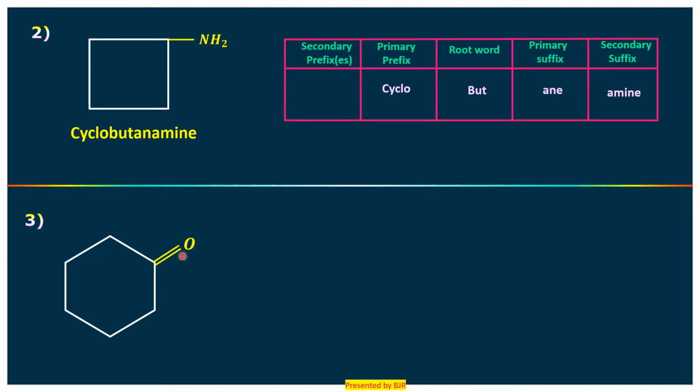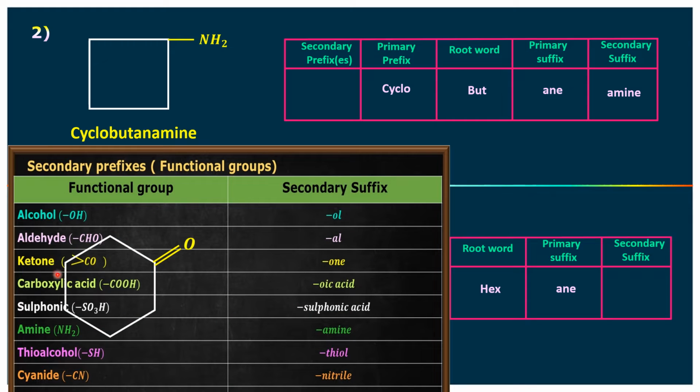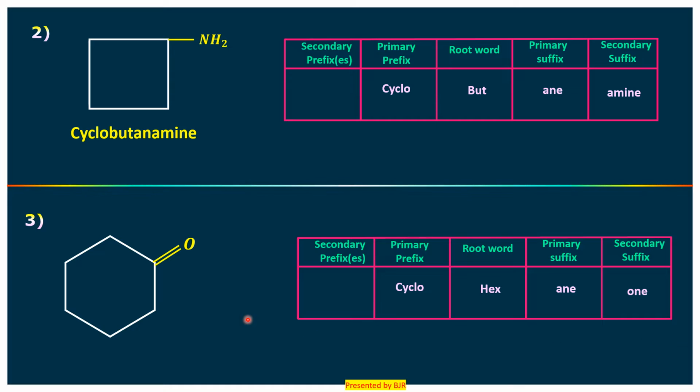So here C double bond O is there, and 6 carbon atoms are there in the ring, so the root word is hex, primary suffix ane, primary prefix cyclo, secondary suffix ketone, one. So the name of this compound is cyclohexanone.